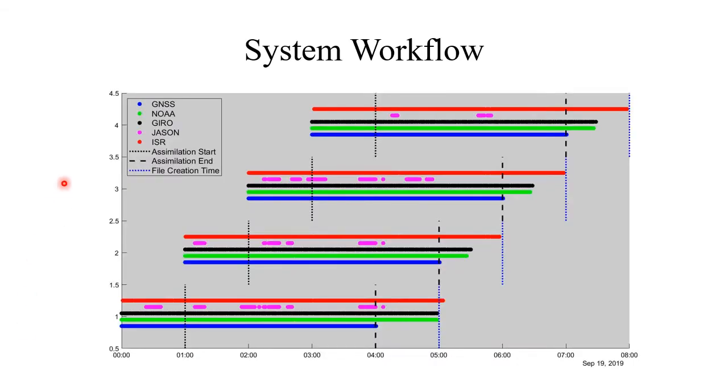In terms of workflow, at any given hour, say at 5 here, we're constantly aggregating data. On the hour, we go back 4 hours and assemble a data set of all data available from 4 hours ago to the current time, aggregate that into a single data set, and then run our data assimilation system forward.